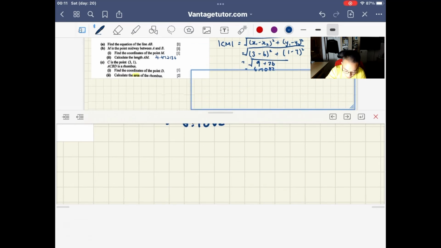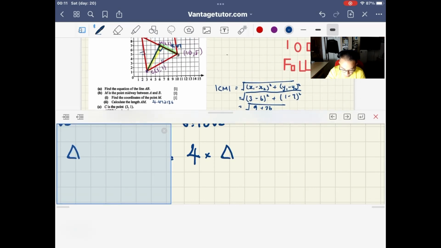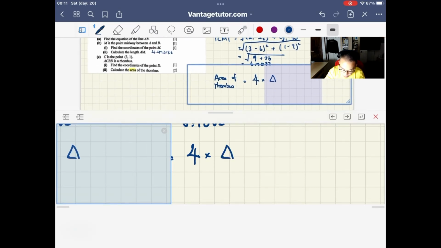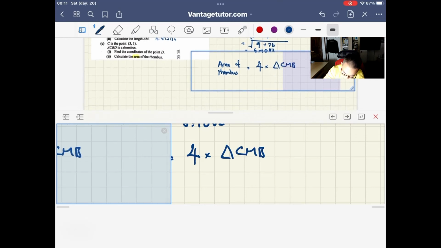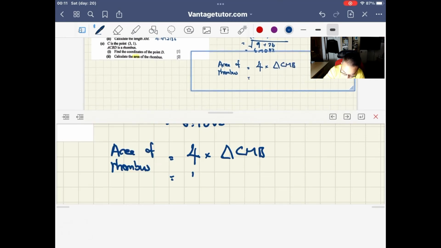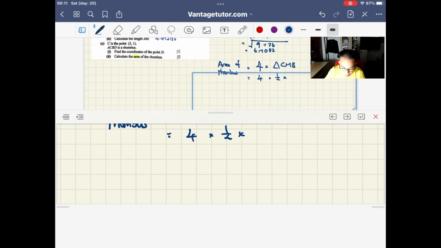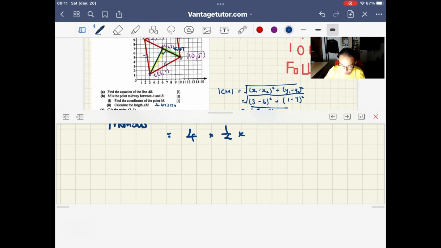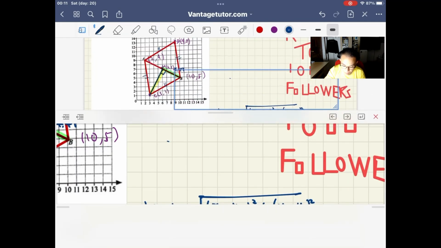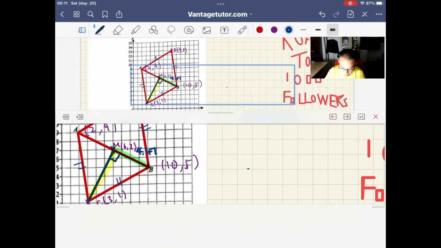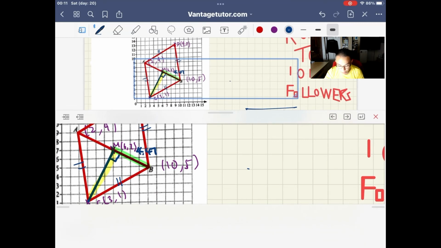Now moving on, I want to find the area. Area of rhombus equals 4 times the area of triangle CMB. As you know, a triangle is half times base times height. In this case, my base, let's go back to my question, is MB, which is actually my AM as well, which is 4.47.